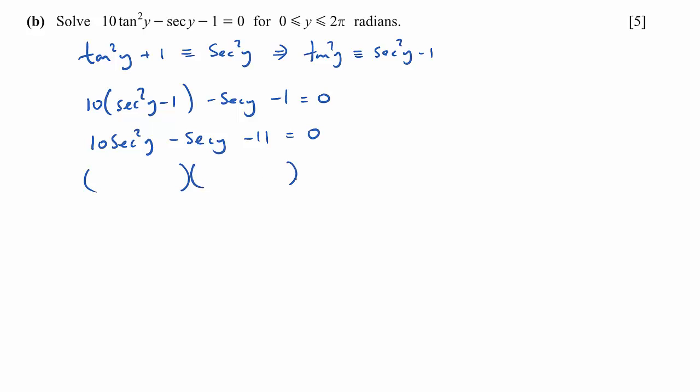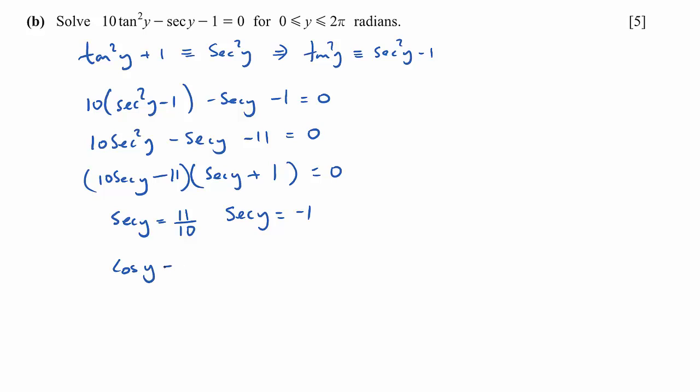And I'm pretty sure we can factorize that. 10 sec y and sec y. Put 1 there, 11 there. And if I make this one a minus and that one's a plus, that will do it, which gives us sec y is equal to 11 over 10, or sec y equals -1, which is the same as having cos y is equal to 10 over 11, and cos y equals -1.